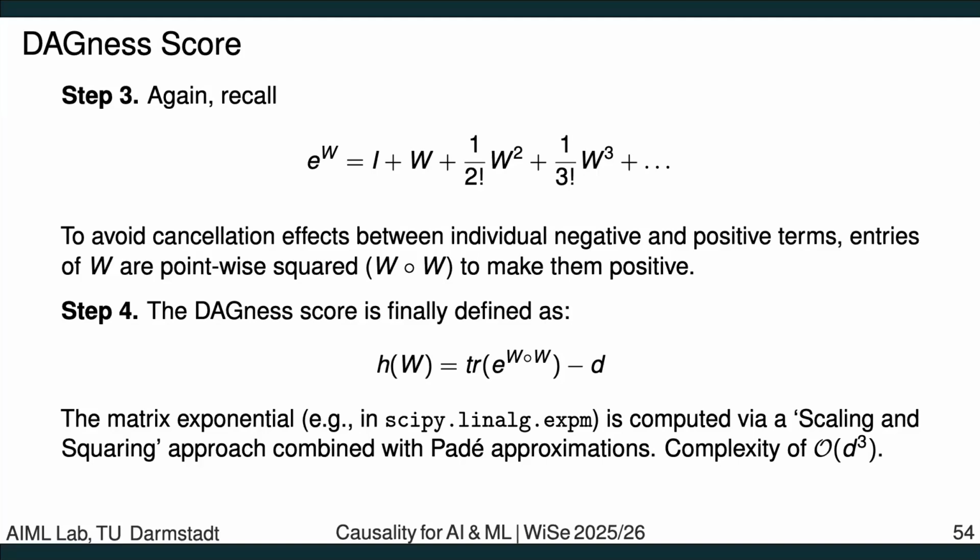The approximation details you don't need to care about, but it's quite robust and in the complexity of number of variables cubed. So instead, we derived or justified it using this exponential via the Taylor series, but then we use a different way of computing this.